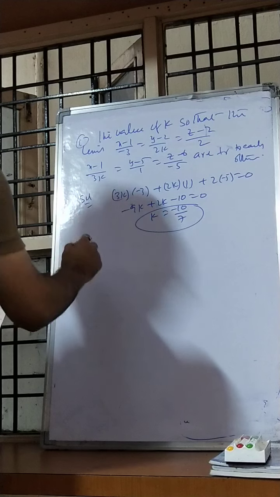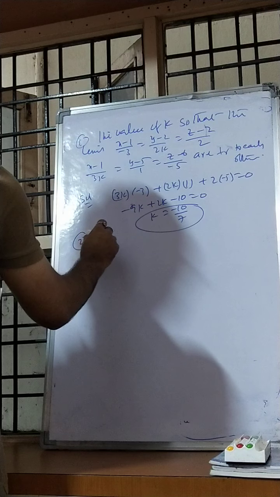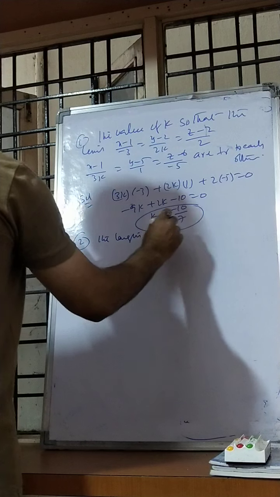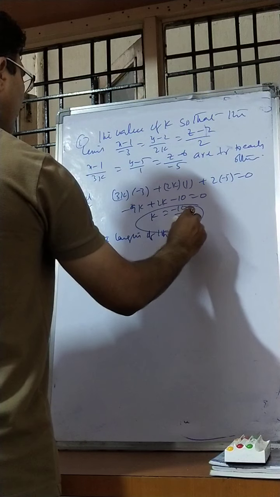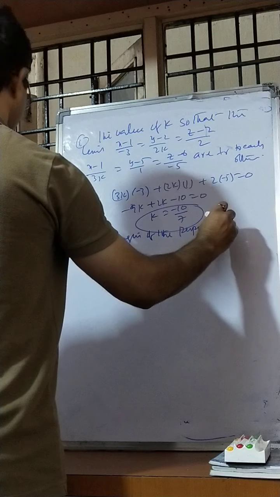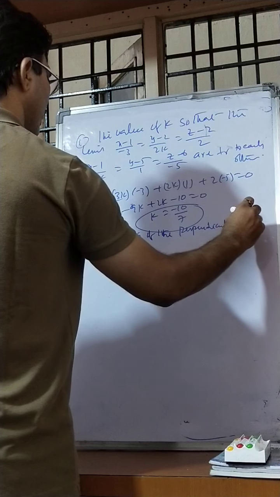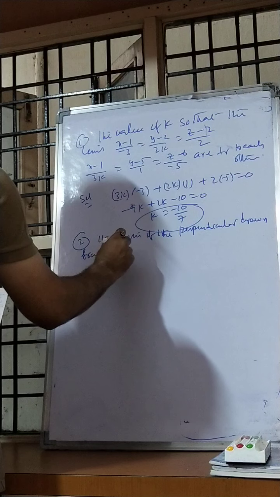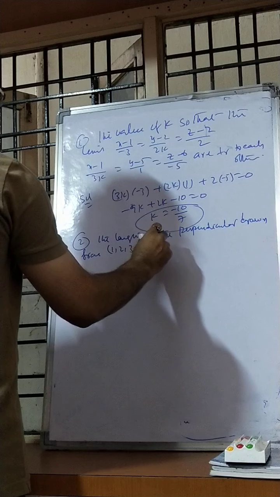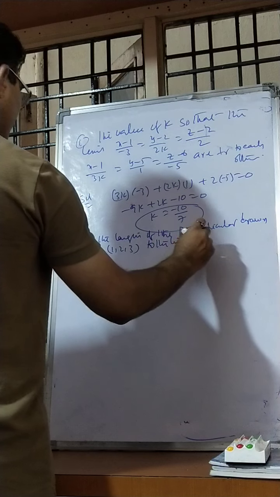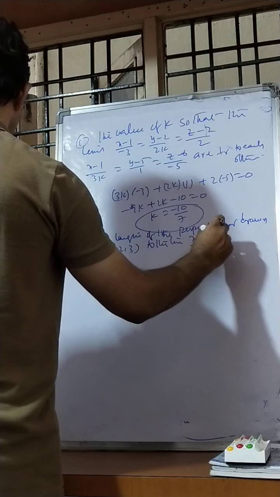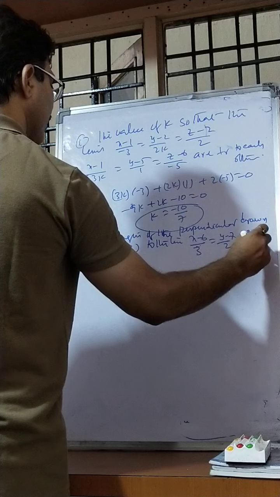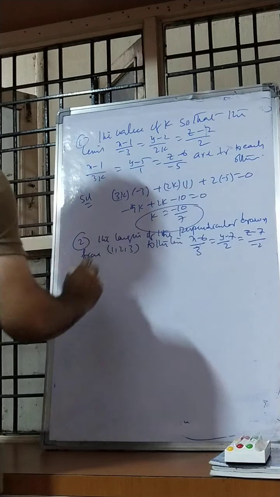Now you see another one. The second one, he said: find the length of the perpendicular drawn from (1, 2, 3) to the line (x minus 6)/3 = (y minus 7)/2 = (z minus 7)/(minus 2).